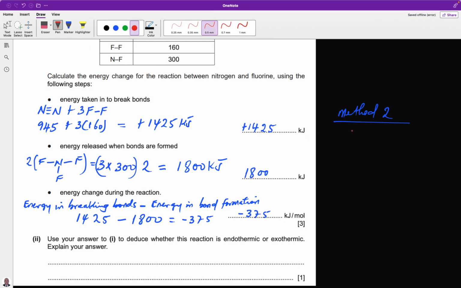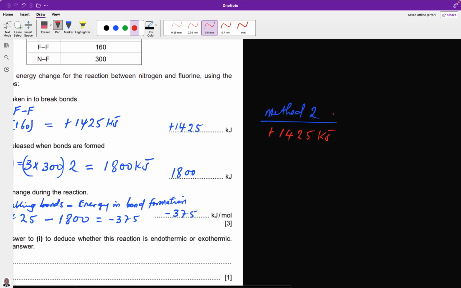Here we said energy is taken in to break bonds, and breaking bonds is endothermic, and the value is positive. This is plus 1425 kilojoule, energy taken in to break bonds. That is energy for bond breaking.